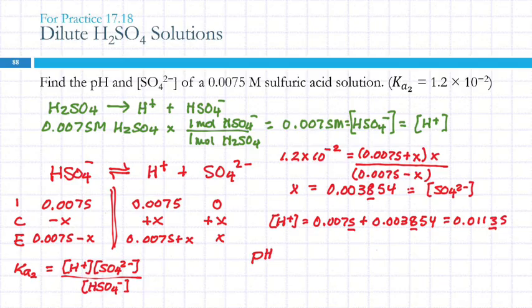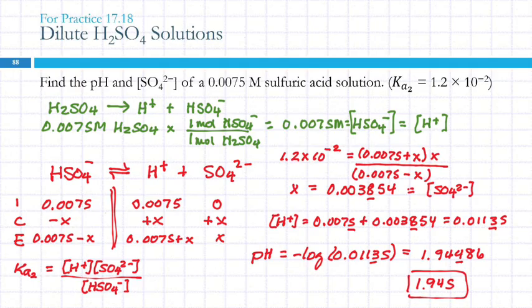So the pH is going to be the negative log of that. 1.94486, 1.945. So the sig figs got a little tricky there.